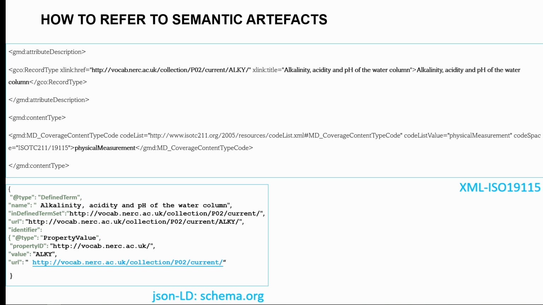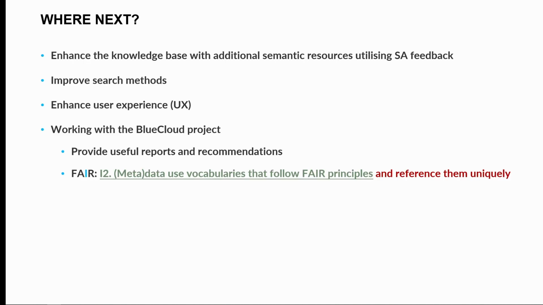This is just a slide to provide knowledge on how to refer to semantic artifacts. This is for XML and this is for JSON. So be as explicit as possible using the URI and the preferred label.